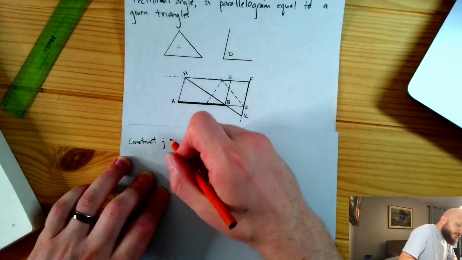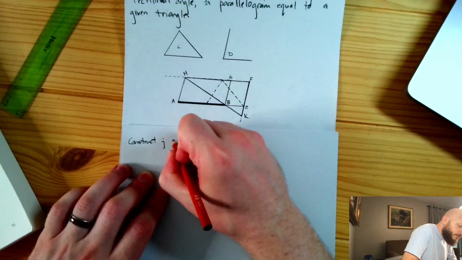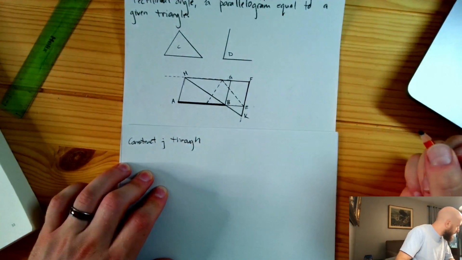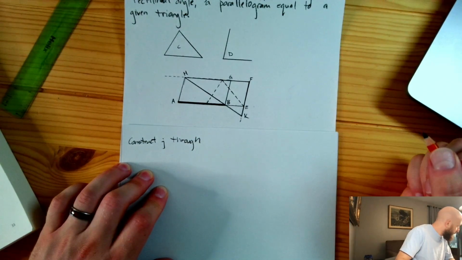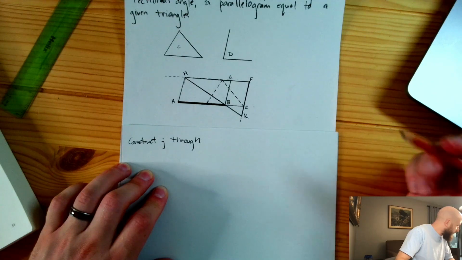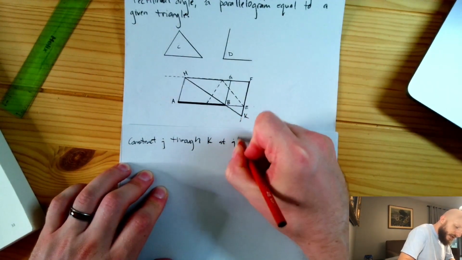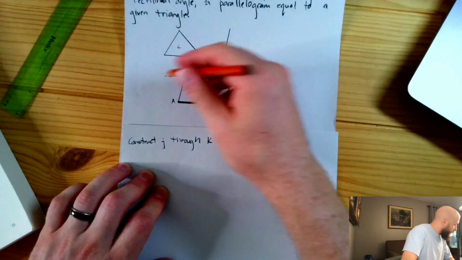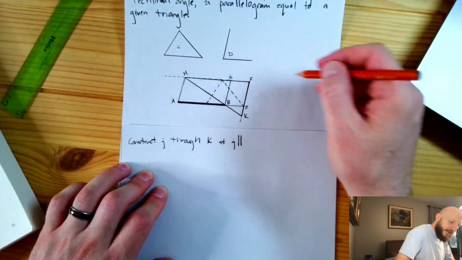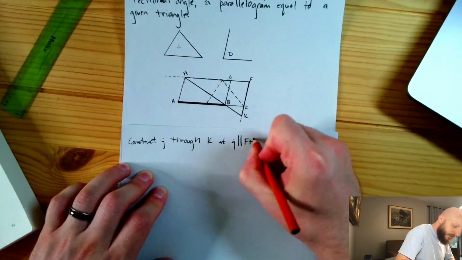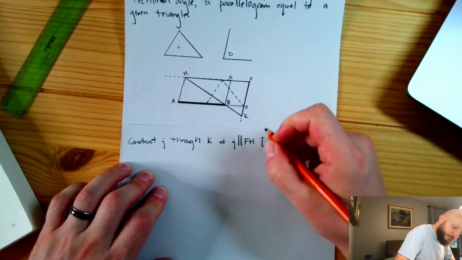So construct J through K, such that J is parallel to FH or EA, whichever you prefer. And again, that was prop 31.